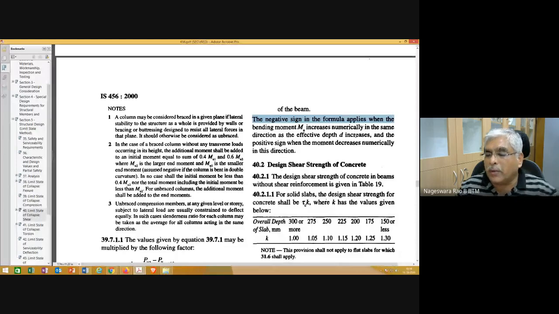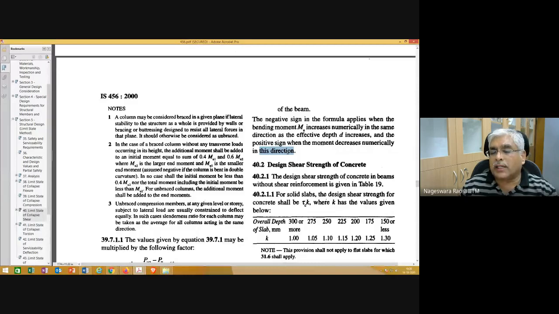If the bending moment is increasing in the same direction as the effective depth, or the effective depth is increasing in the same direction as the bending moment, then negative sign, otherwise it's a positive sign. Positive sign when the moment decreases numerically in the direction in which the effective depth is increasing.